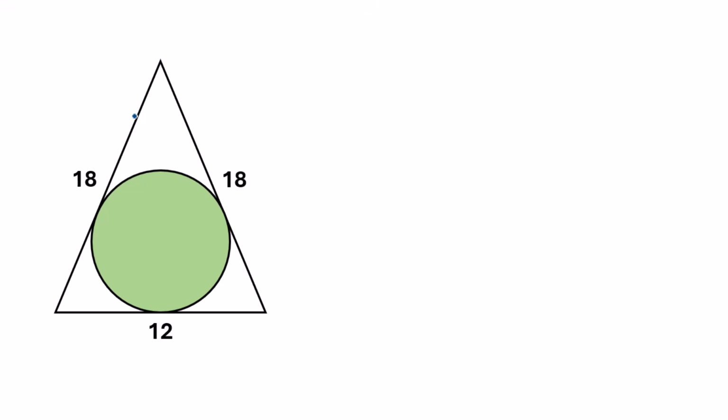Consider the triangle is ABC, and consider the center of this circle is this point. Now join B and the center of the circle.